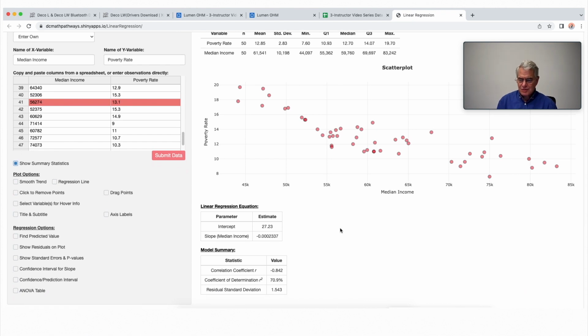And we've asked for the model summary statistics here. And so it gives us the intercept of 27.23 and the slope. It's a different intercept and slope than we saw when median income was in the Y position and poverty rate was in the X position, because the X values have changed.